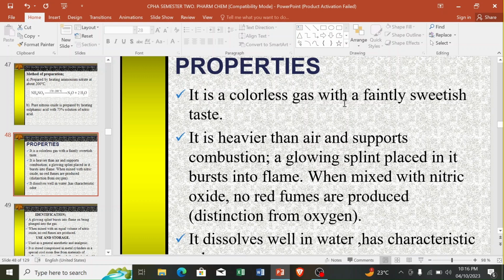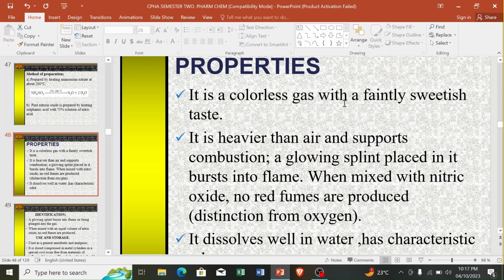It also has this property of supporting combustion. One of the things where we see this happening is when a glowing splint is placed in it and bursts into flame. So we see that it ignites or relights a glowing splint.